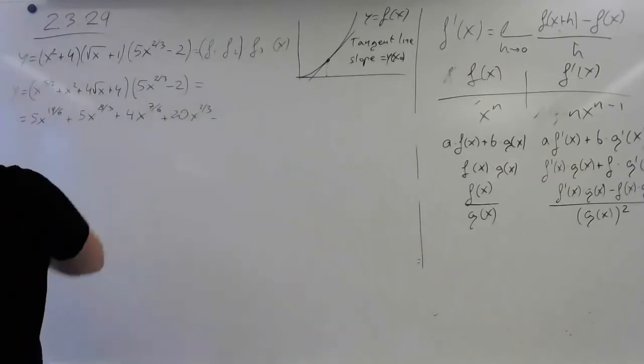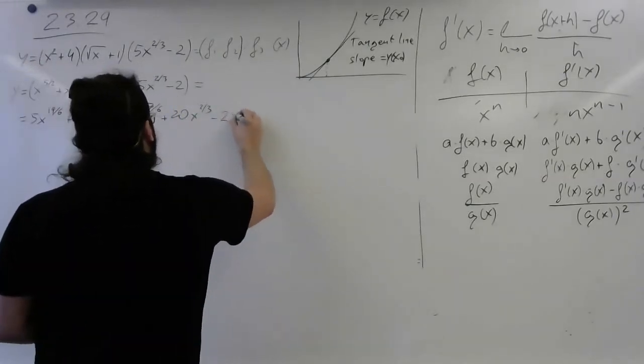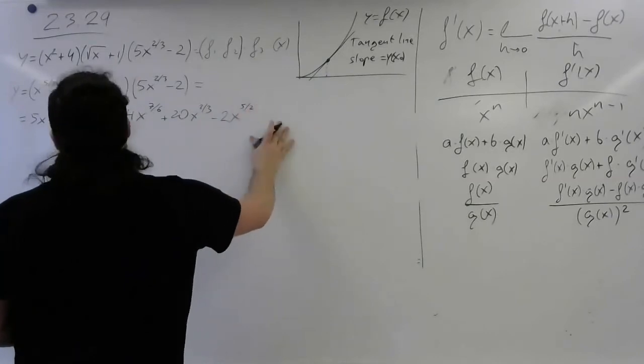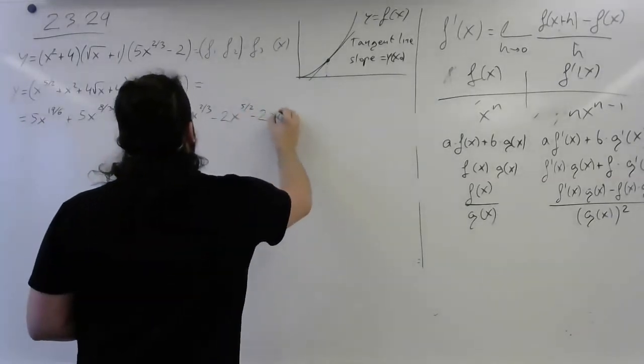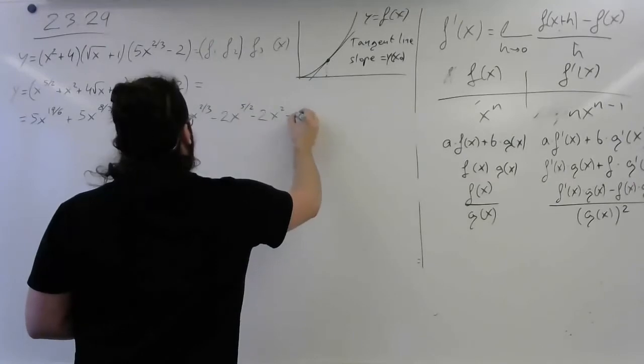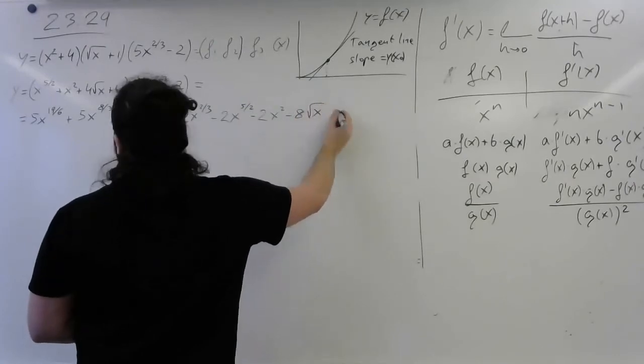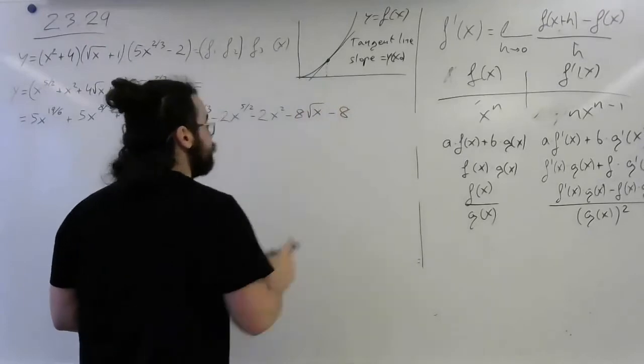And now we multiply with minus 2. Minus 2x to the power 5/2 minus 2x squared minus 8 square root of x and minus 8.